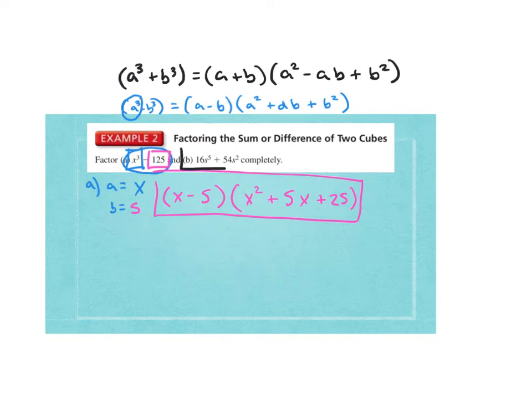So now looking at example B here. First things first, do we have any greatest common factors that we can take out?